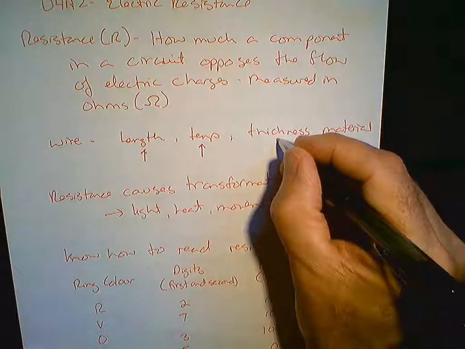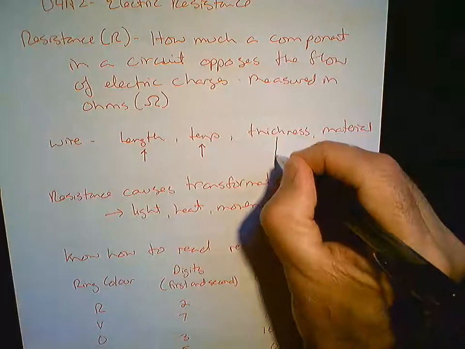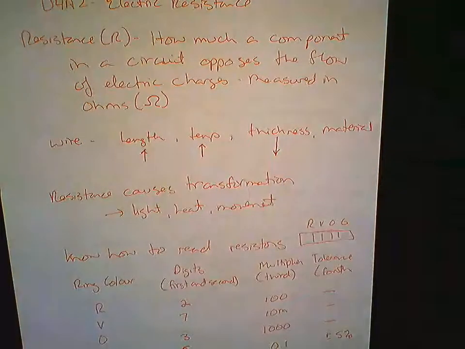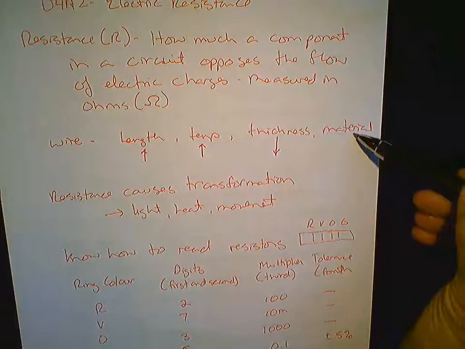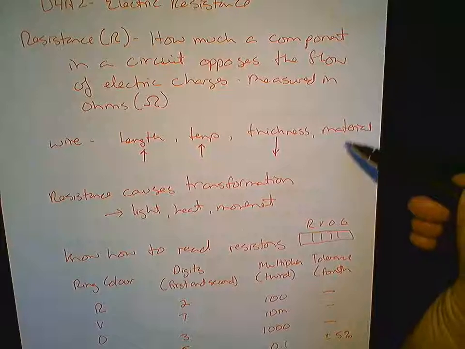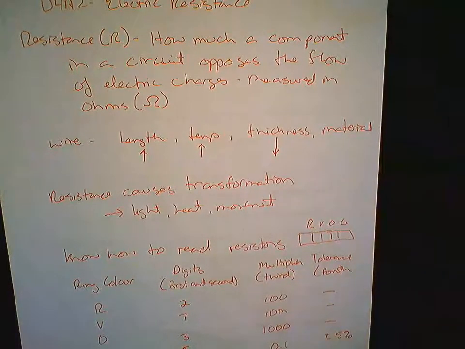Think about a hallway: the thicker it gets, the less the resistance. So if we have a very wide hallway with 20 students standing in it, it would be easy to get through. But if we had a very thin hallway, all of those students would be compacted in. The material does depend on the type of material. So we don't just use copper for wires. If we alter the material, we can alter the resistance.